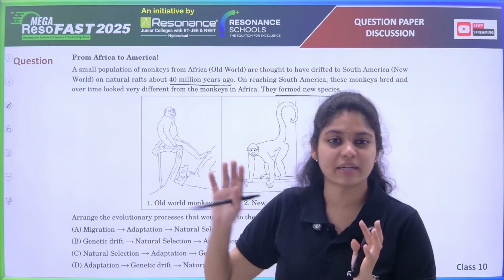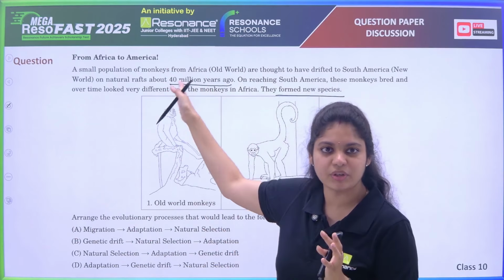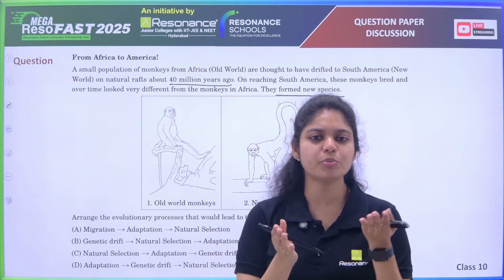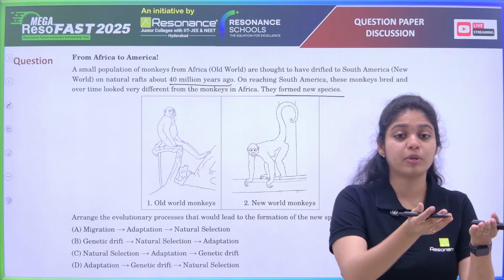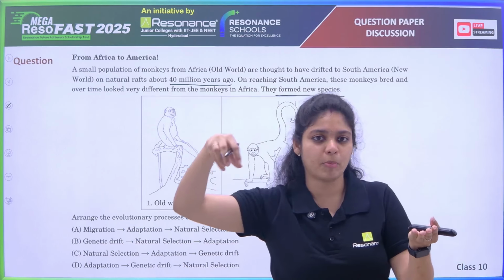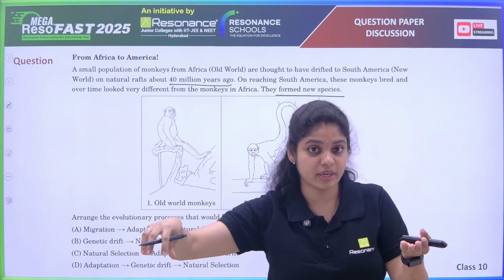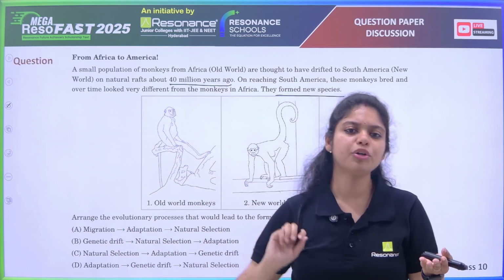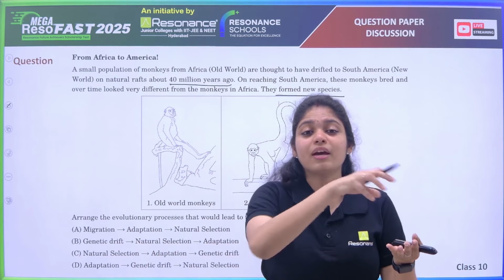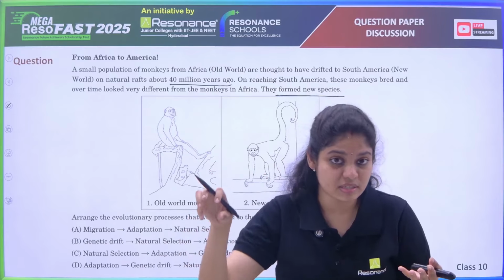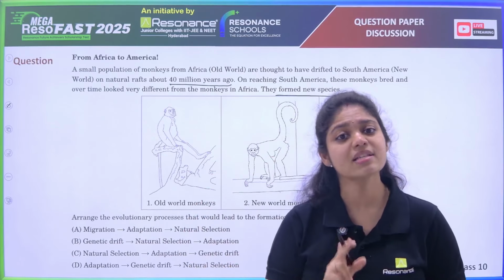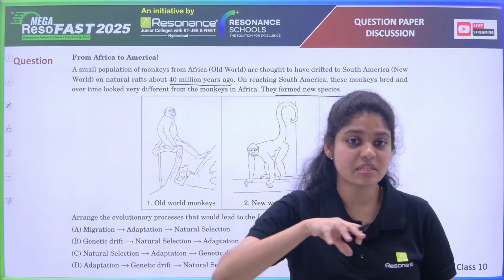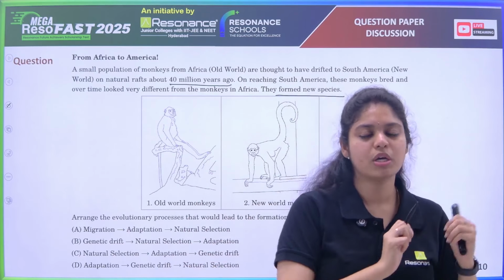So what exactly is the concept according to the theory given over here is, usually there is a large population. From this large population, a small part of the population is getting isolated and developing into a new population. When this small population is getting isolated, it is both geographically as well as reproductively isolated from the old population.